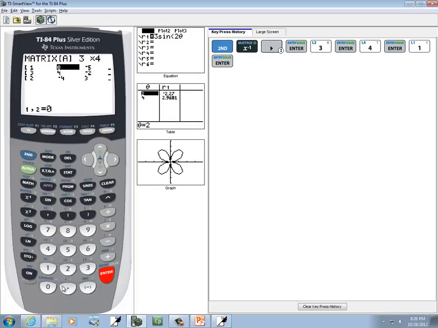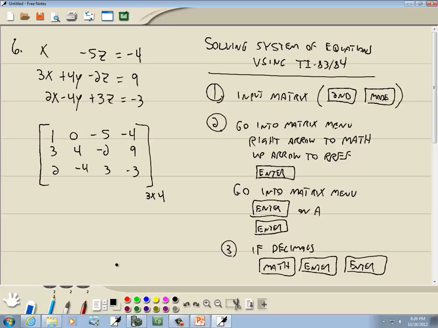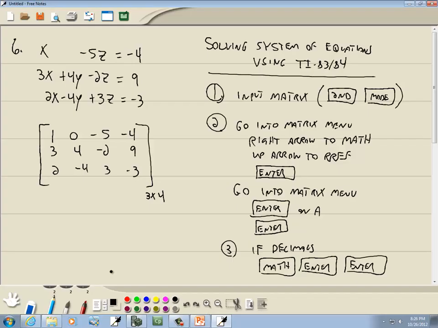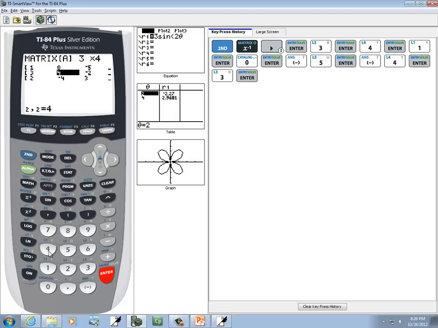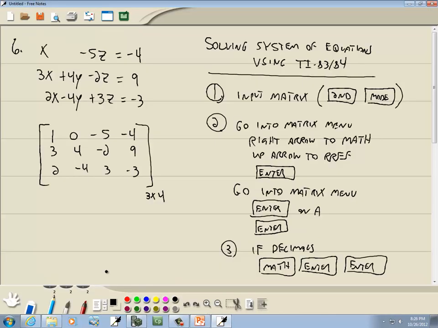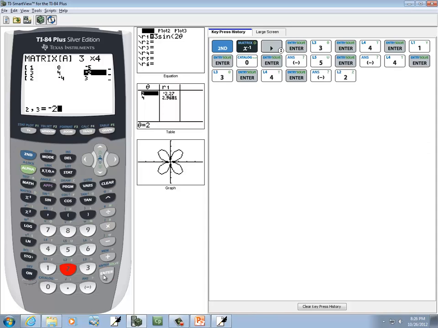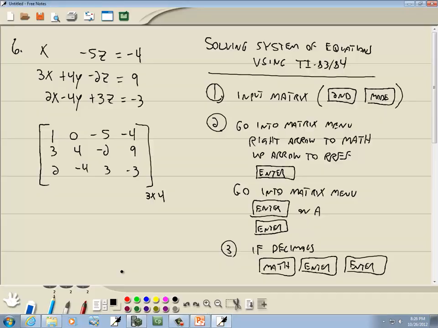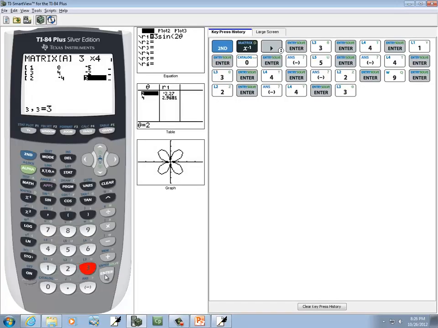It's 1, enter, 0, enter, negative 5, enter, negative 4, enter, 3, enter, 4, enter, negative 2, enter, 9, enter, 2, enter, negative 4, enter, 3, enter, negative 3, enter.